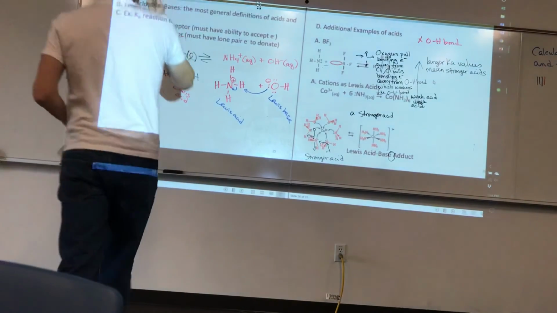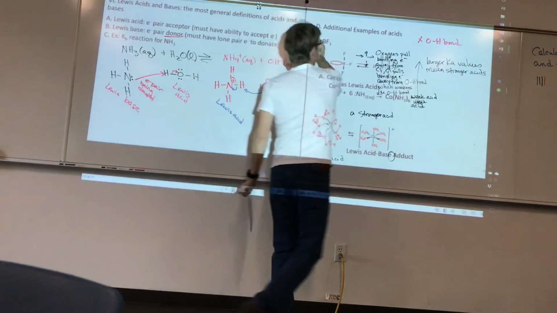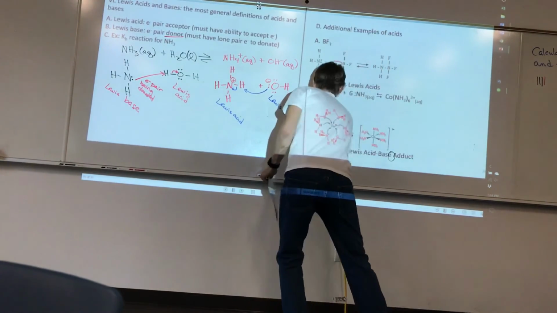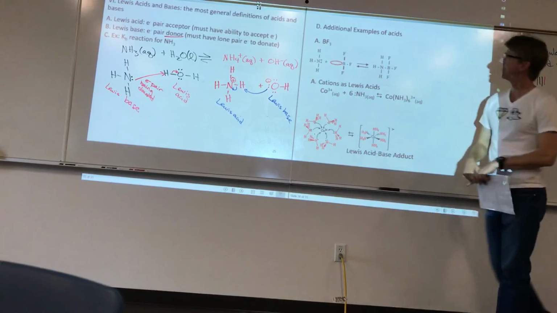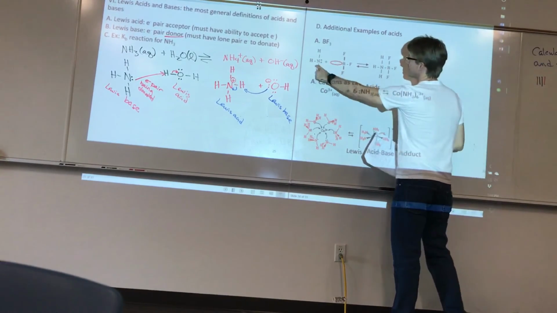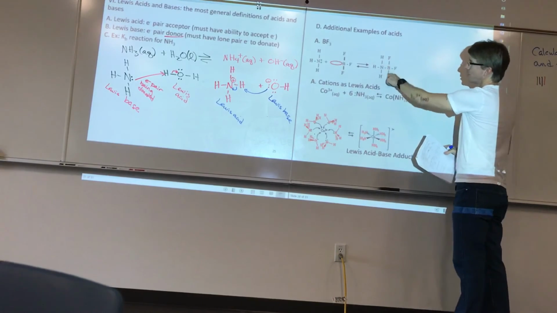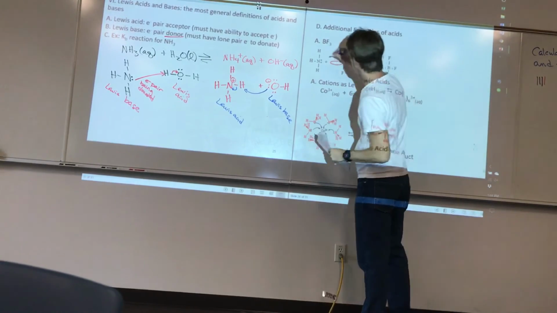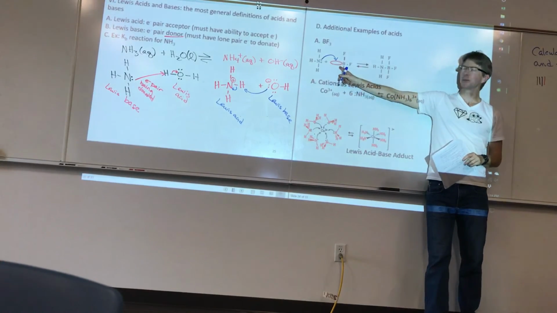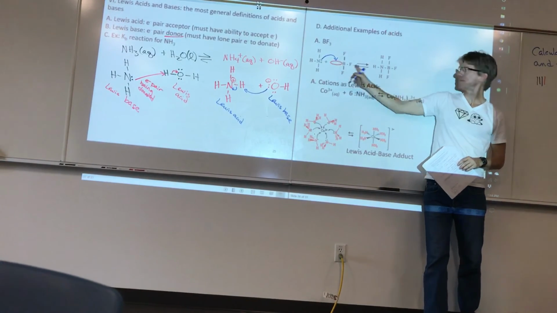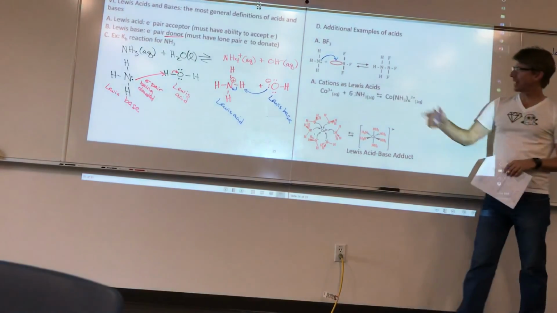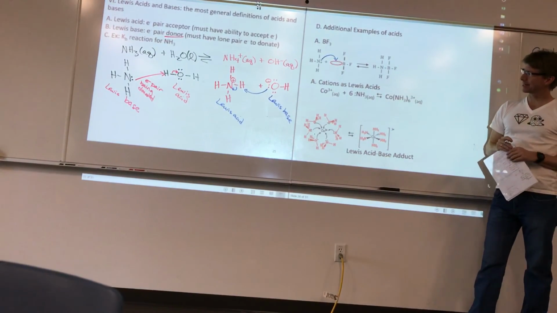A couple of additional examples. Here we have ammonia plus boron trifluoride forming a bond. We have the donation of an electron pair to boron, which does not have an octet, to complete its octet. We talked about cations as Lewis acids.